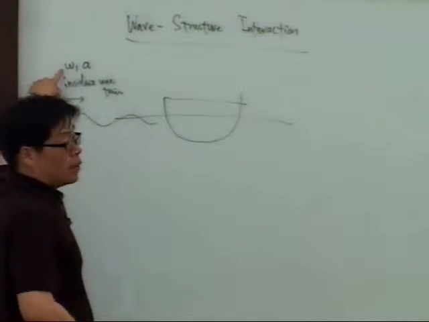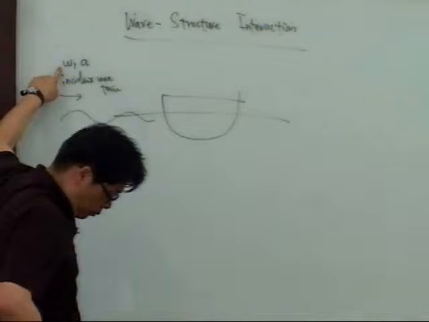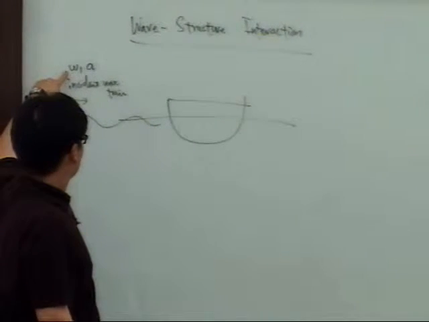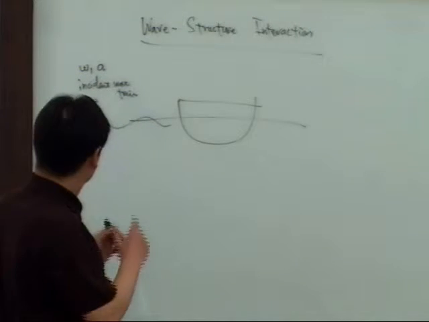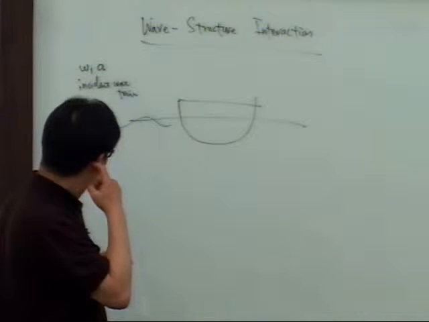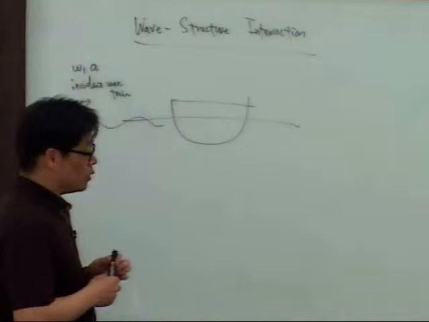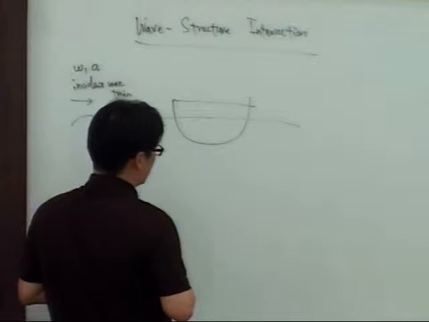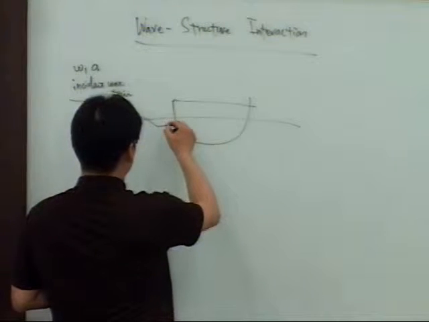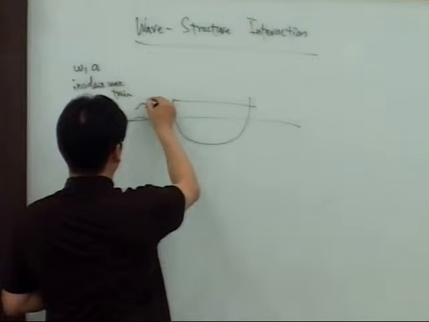Once you specify wave frequency, wavelength is determined from a linear dispersion relation, and also the other dependent parameter is a wave amplitude. And when the incident wave train approaches a body, you expect some waves will be reflected.